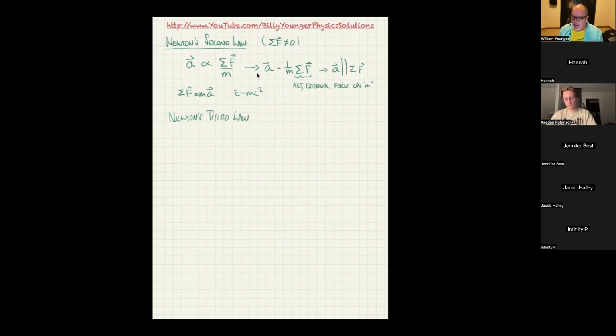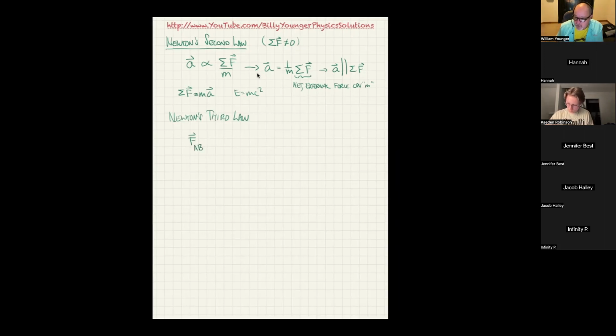The way I like to write it is in equation form. So notice the wording that I'm saying here and try to write this down. The force on object A due to object B. Notice how I said that.